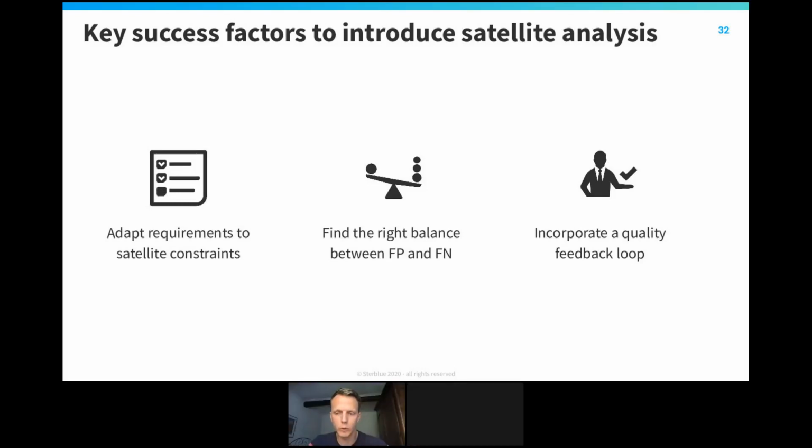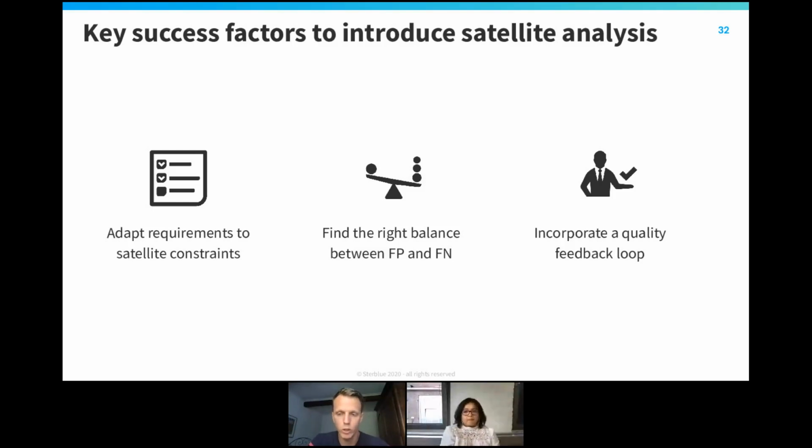But to recap and conclude, here are some of the key success factors for our work with Enedis. So first, we had to adapt requirements to satellite constraints. So classify specifically the things that are below the lines, because satellites are limited in assessing precisely the vertical distance. Find the right balance between false positives and false negatives.